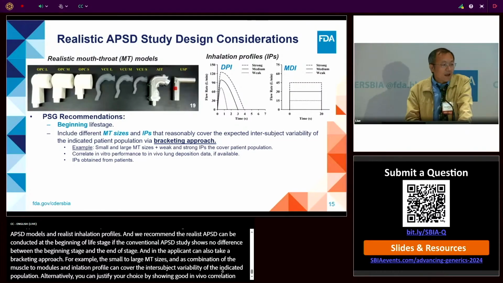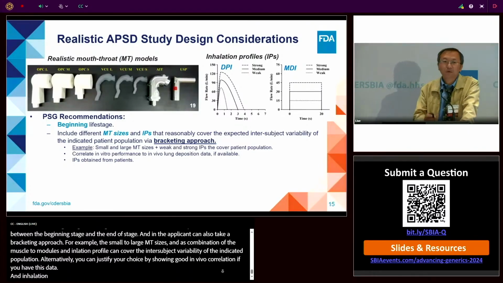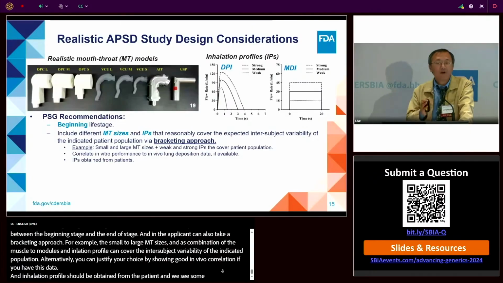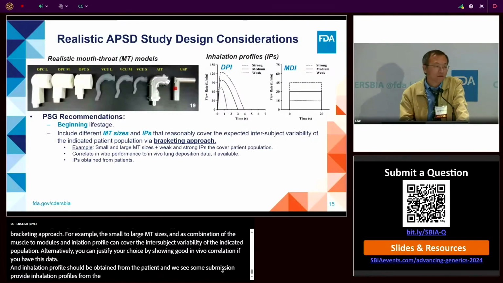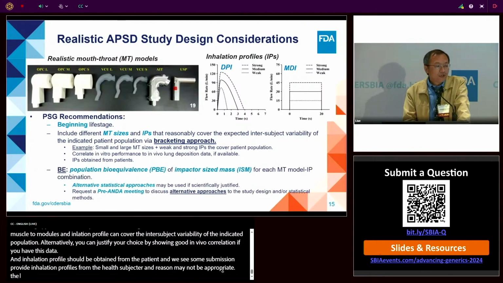And the inhalation profiles should be obtained from patients. We see some submissions that provide inhalation profiles from healthy subjects, and we think it may not be appropriate. And the BE is based on the PBE analysis of the impactor size mass for each Mouth-Throat model and inhalation profile combination.